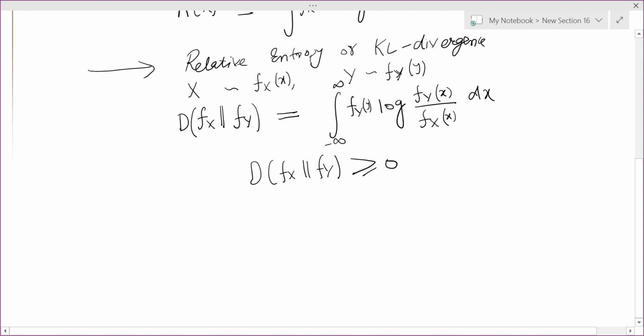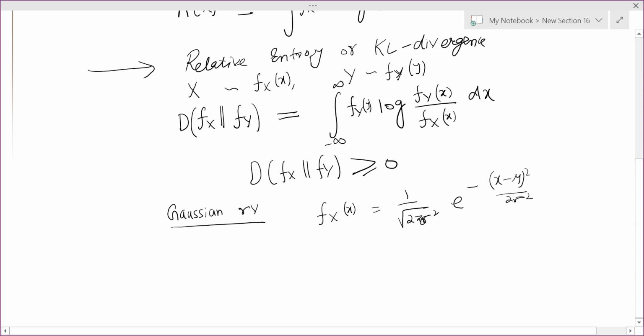And let's now compute the entropy of some famous distributions, out of which we have the Gaussian distribution, a Gaussian random variable with probability density function 1 over root 2 pi sigma square e to the power minus x minus mu square divided by 2 sigma square.